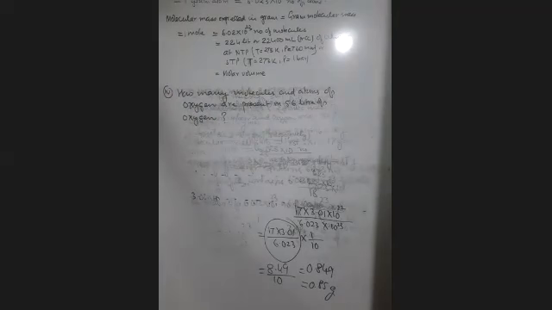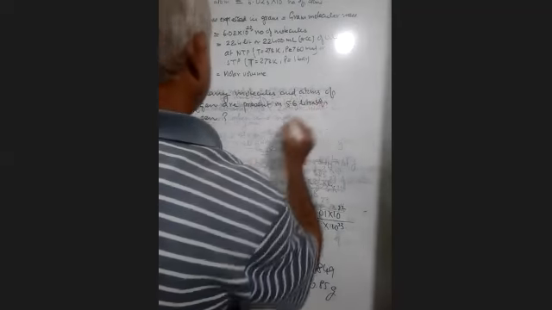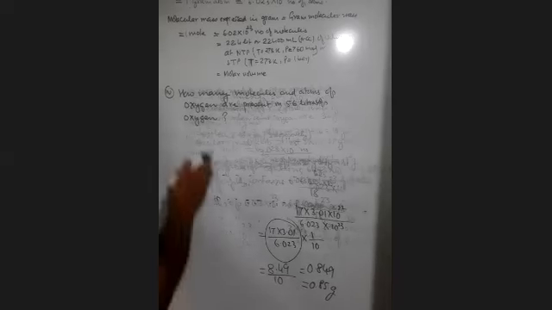How many molecules and atoms of oxygen are present in 5.6 liters of oxygen? 5.6 liters of oxygen. See, now it is given in volume.